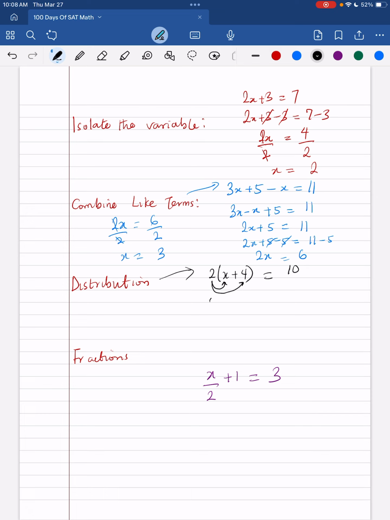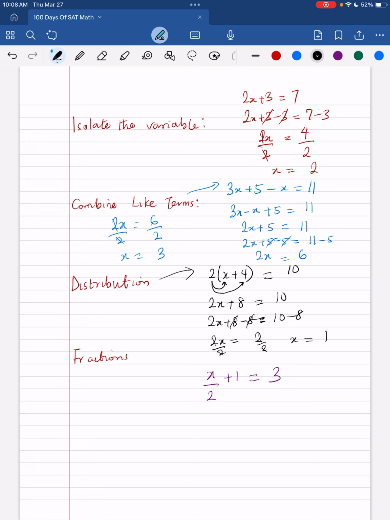So we have 2x plus 8 equals 10. Then you can isolate x by subtracting 8 from both sides, as you learned in the first strategy. Then you have 2x equals 2 because this cancels out. Then if you divide both sides by 2 to undo the multiplication, you have x equals 1.